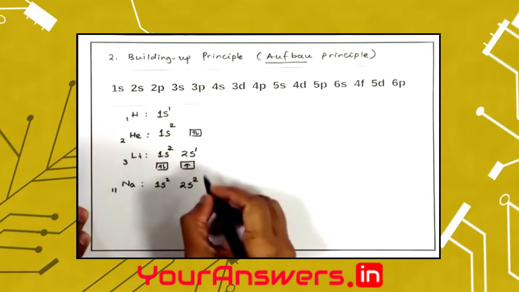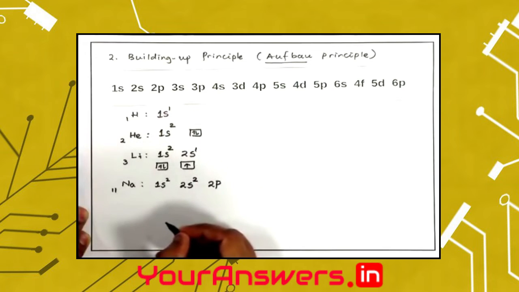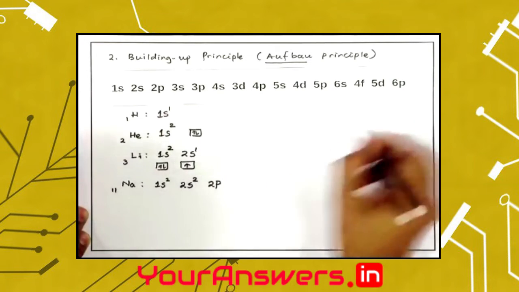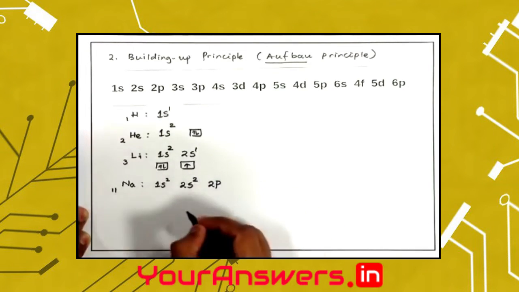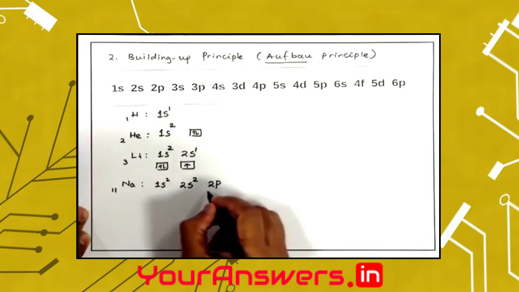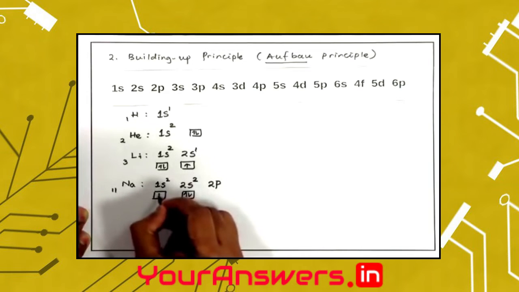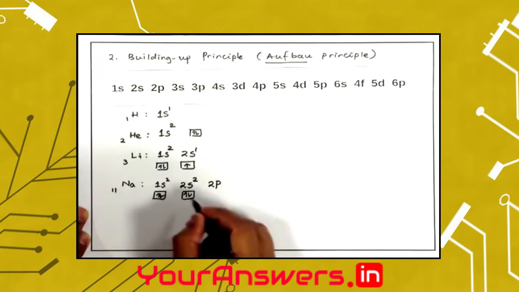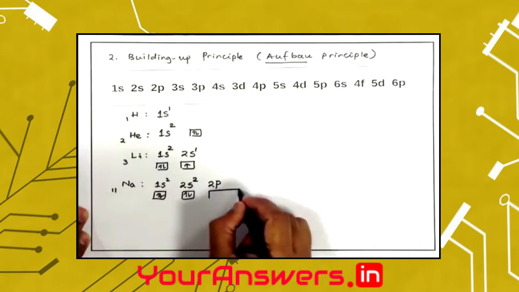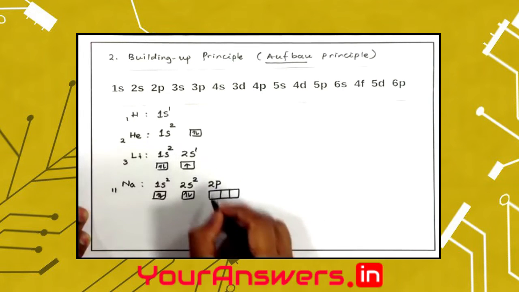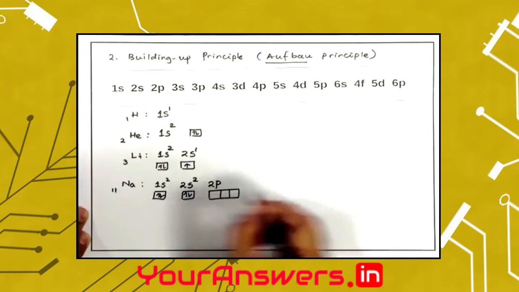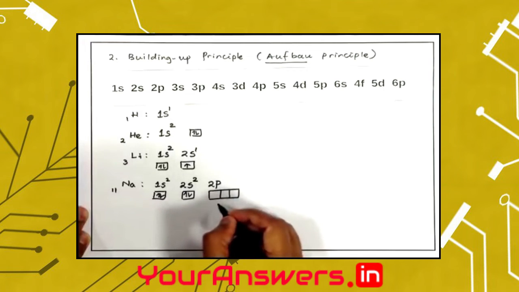Then the next orbital in sequence is 2p, and if you remember, 2p actually has 2px, 2py, 2pz, so there are 3 compartments. Let me keep building this orbital diagram. 2 in 1s, 2 in 2s, and 2p has 3 compartments, for px, py, pz. Actually, ordering does not matter, they are all equivalent.